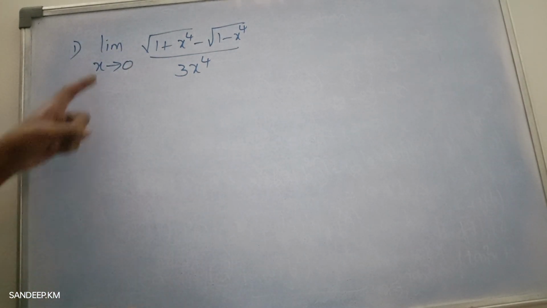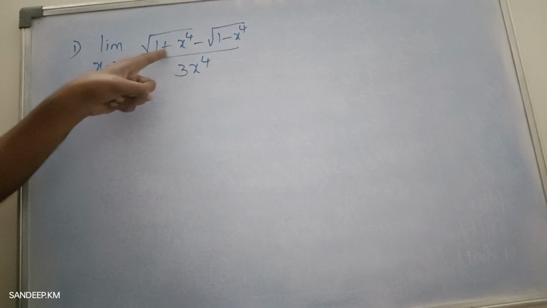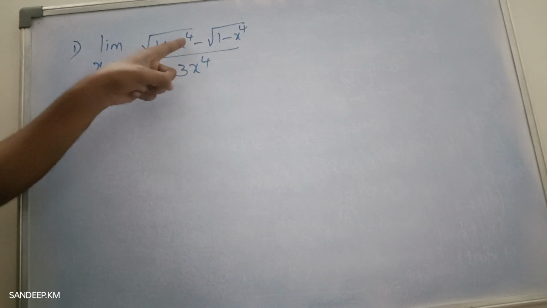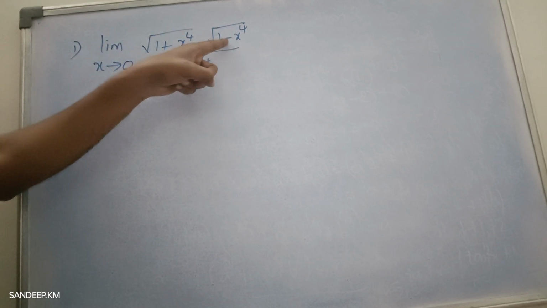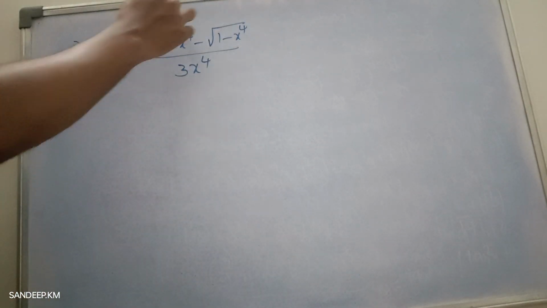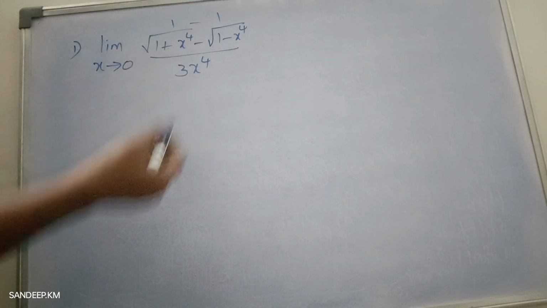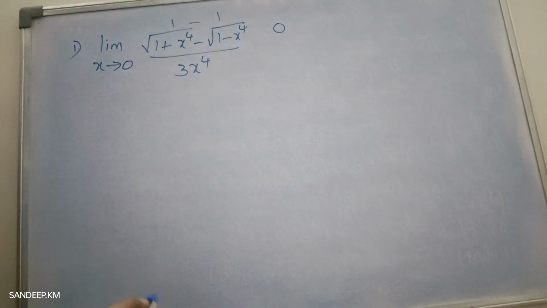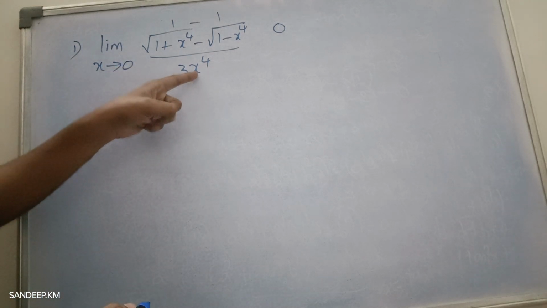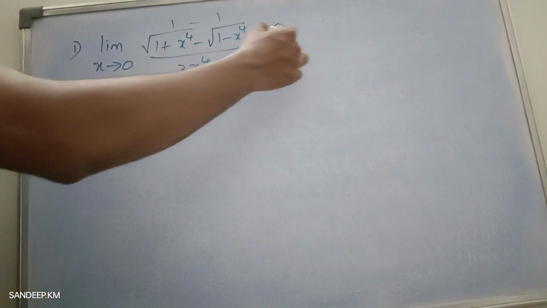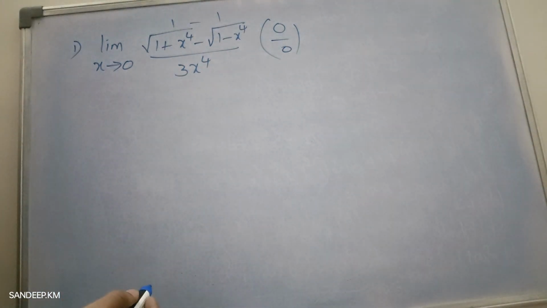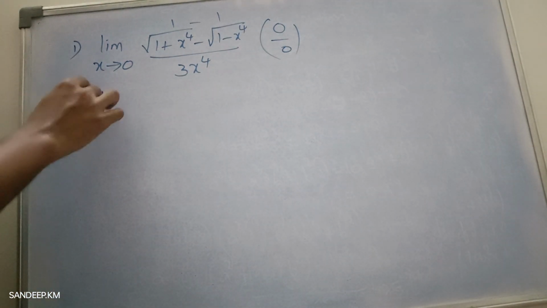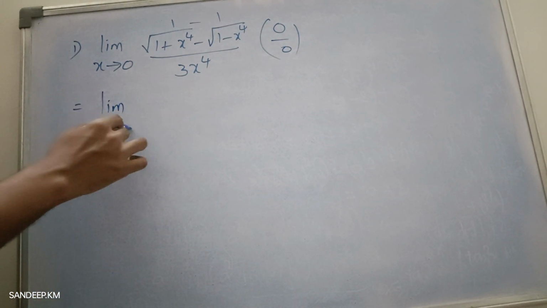When I substitute x as 0, the numerator will be 1 plus 0 under root minus 1 minus 0 under root, which means 1 minus 1. So the numerator is approaching 0, and when x approaches 0, the denominator also approaches 0. So we get 0 by 0 form, and let me choose the rationalization method and see what happens.